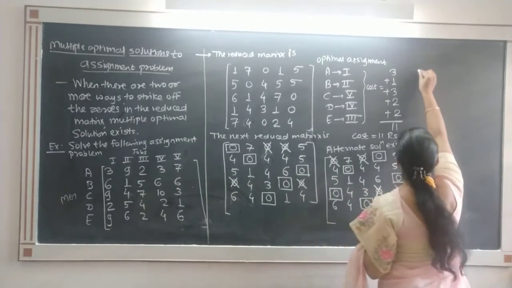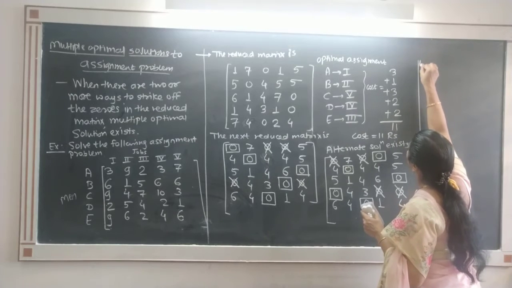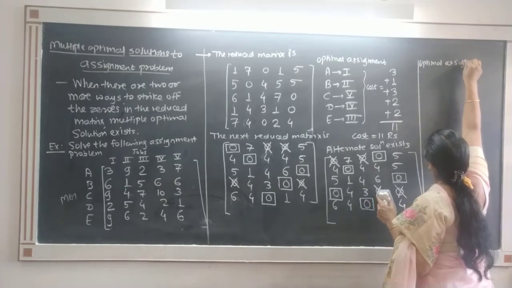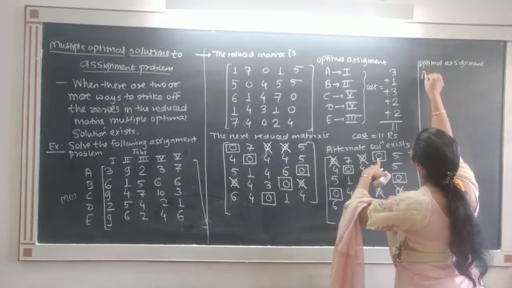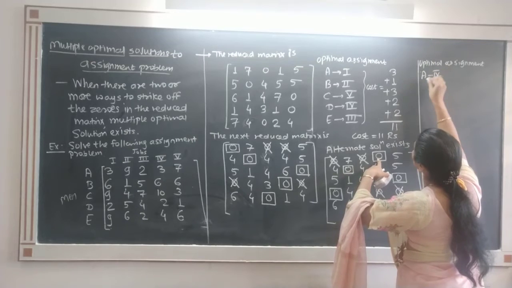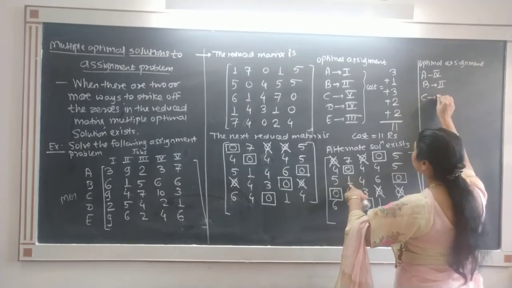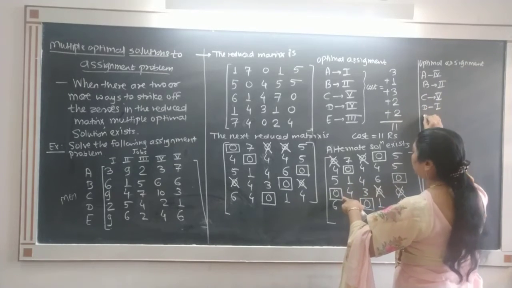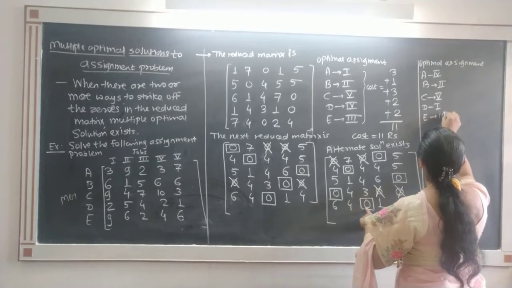See what is the optimal solution in this case. The solution here is: A is assigned to 4th, B is assigned to 2nd, C is assigned to 5th, D is assigned to 1 and E is assigned to 3.